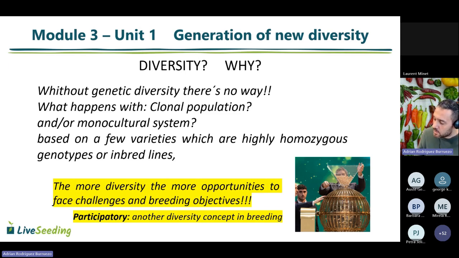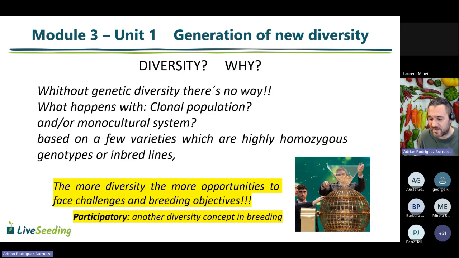Also to catch the attention of local authorities who will discover new niches of diversity or varietal cultivation.